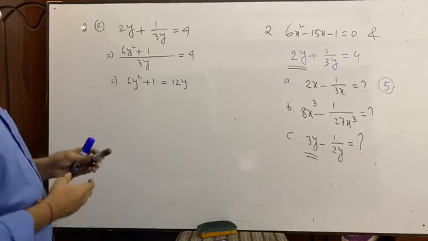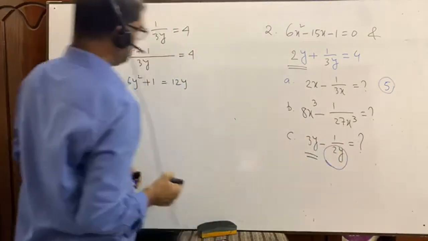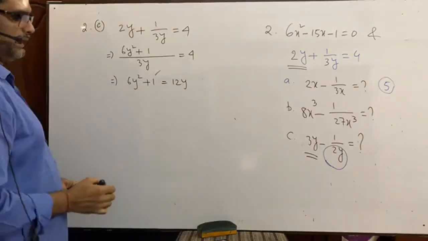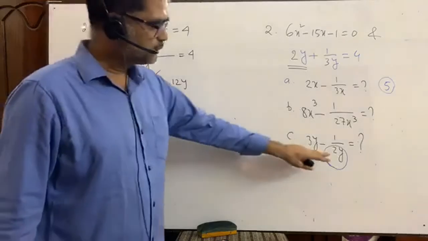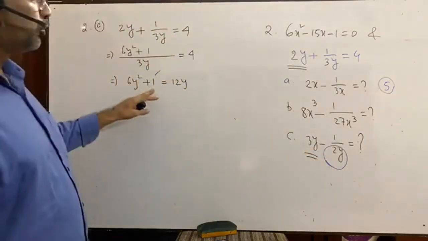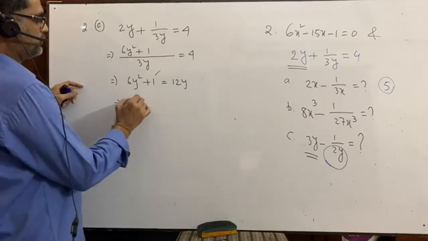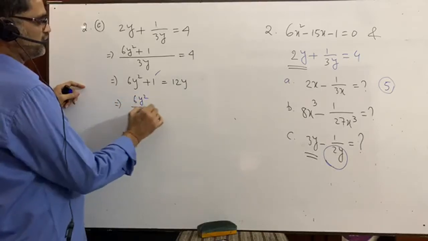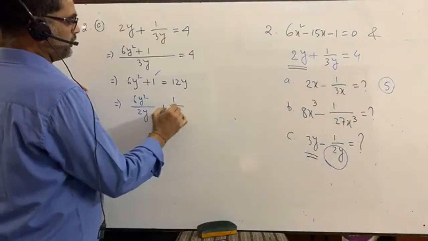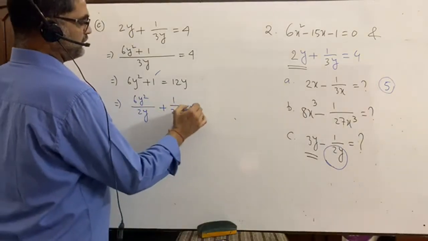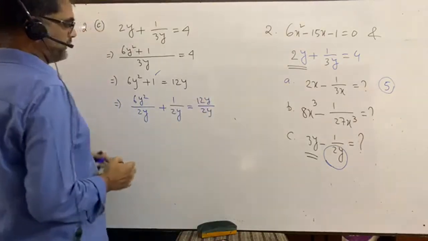Now you see what is given here. It is here 2y and here it is 1. So I have to divide all by 2y. If I divide by 2y, 6y square by 2y plus 1 by 2y is equal to 12y by 2y.